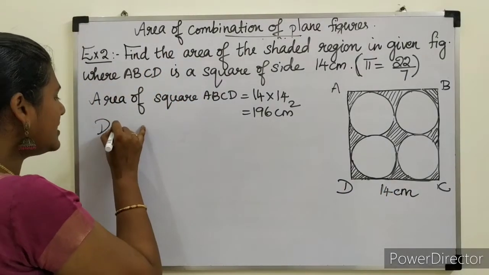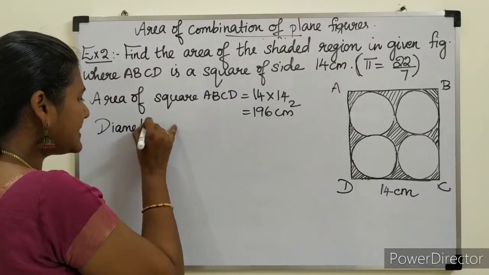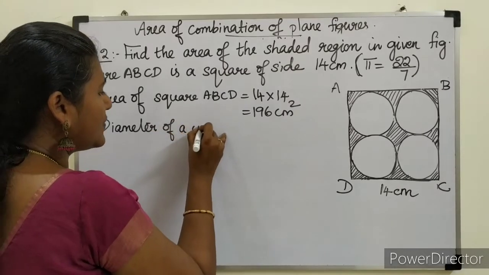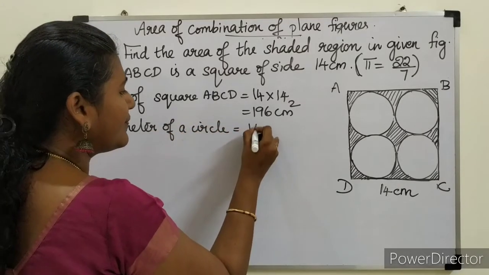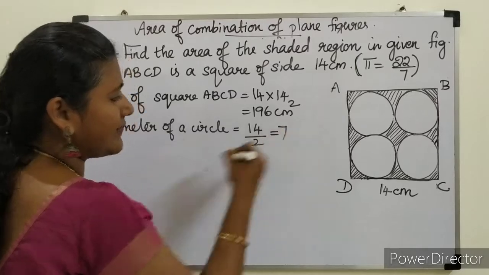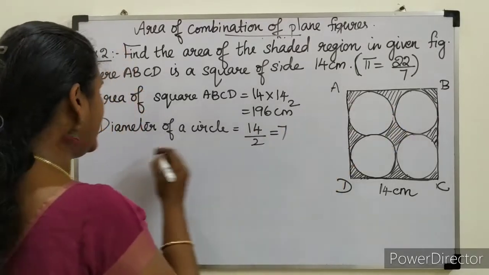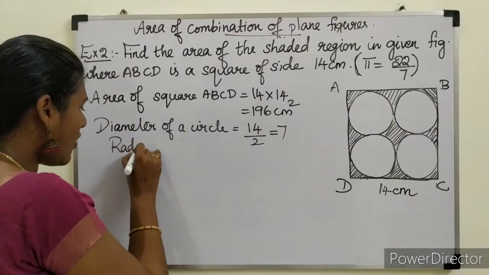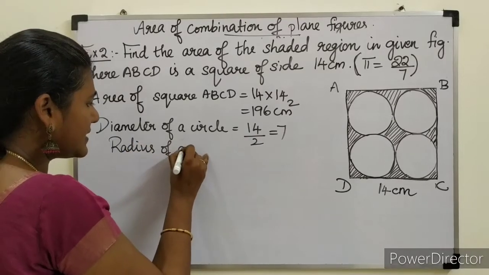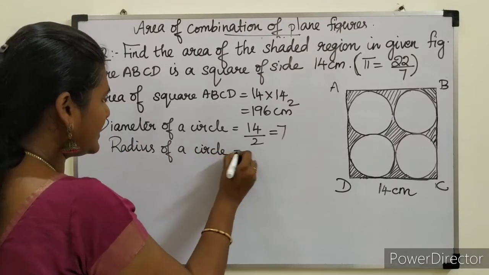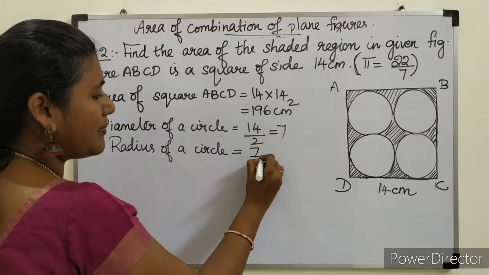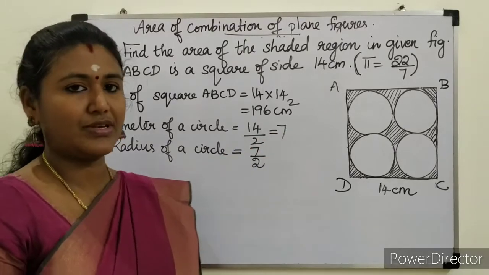Diameter of a circle is equal to half of 14, that is 7. Now we need the radius, therefore the radius of a circle is equal to 7 by 2.